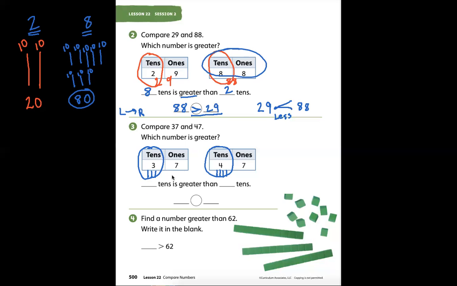And it says tens. So I need to write which group of tens is greater to put on this side.